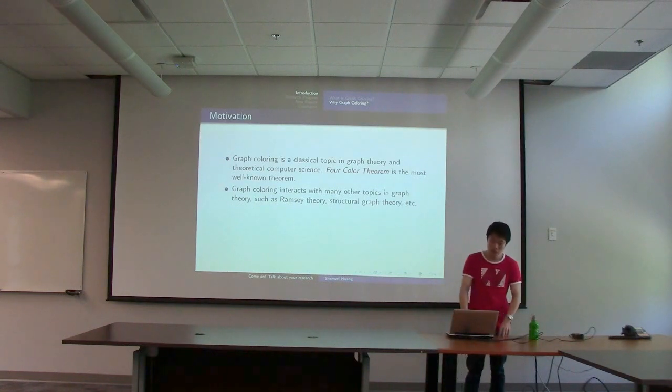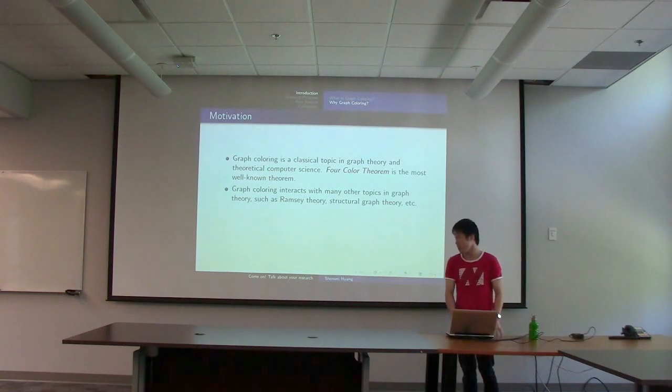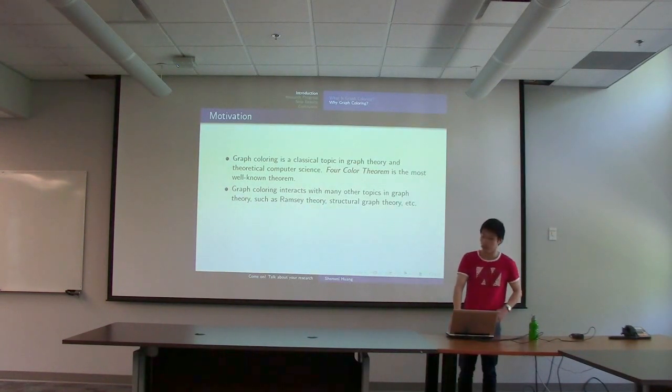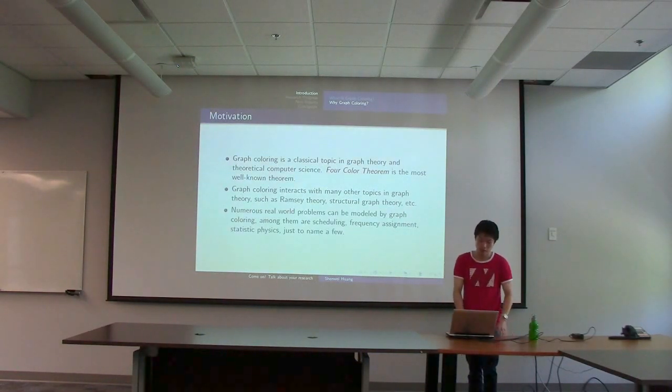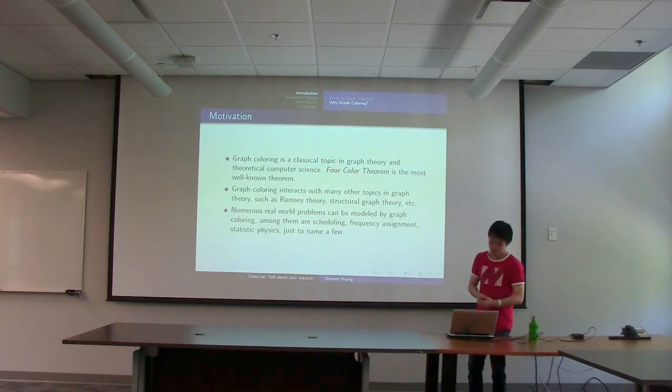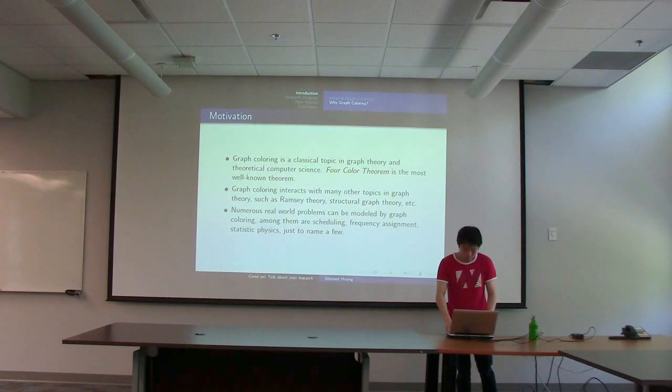Second, graph coloring interacts with many other topics in graph theory, such as Ramsey theory, structural graph theory, and so on. Third, numerous real-world problems can be modeled by graph coloring. Among them are scheduling, frequency assignments, and even statistical physics, just to name a few.